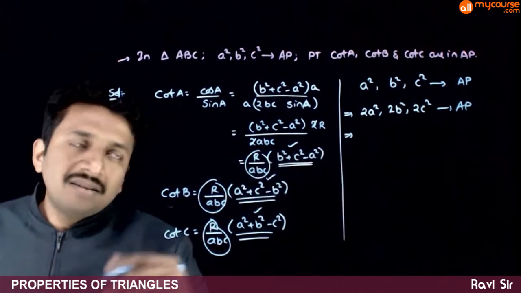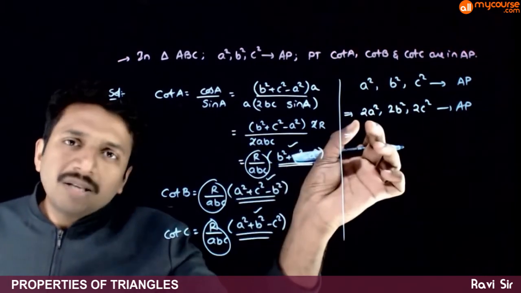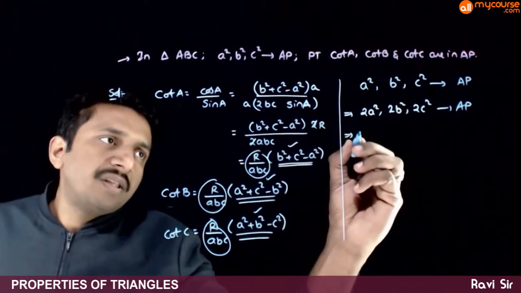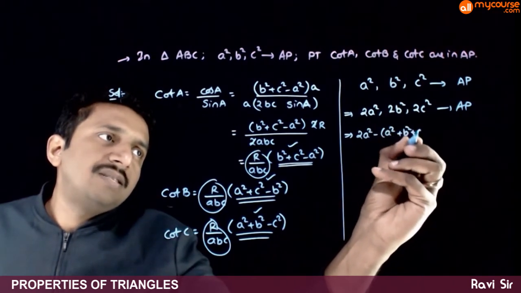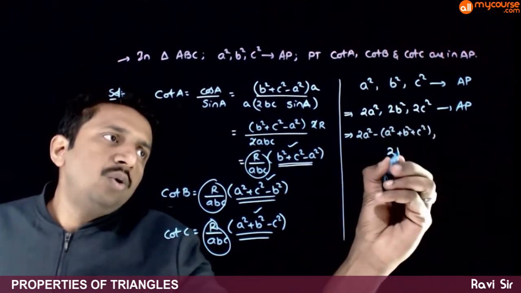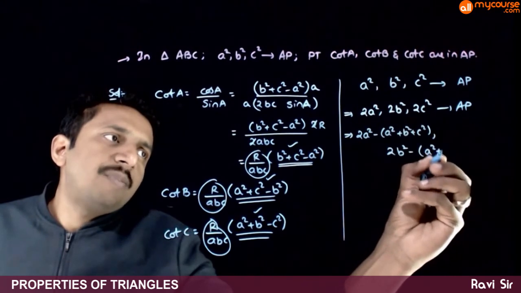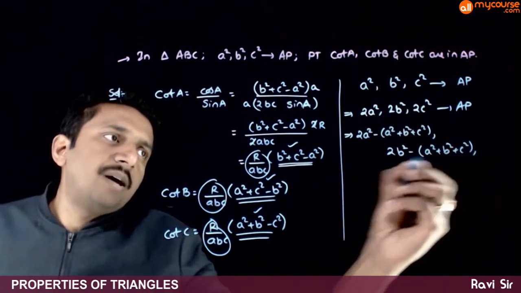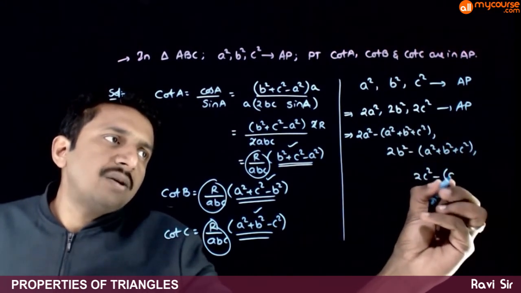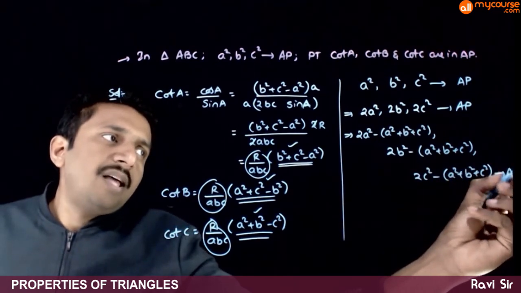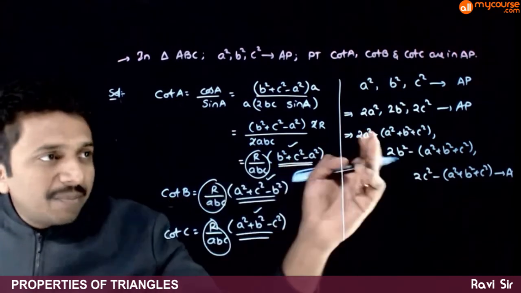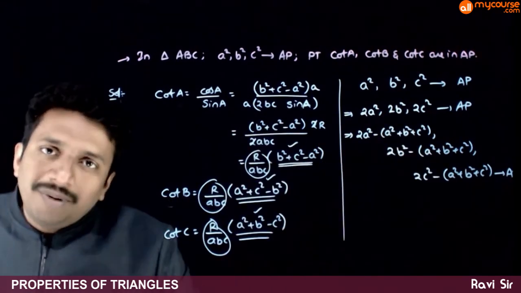Now I'll subtract a square plus b square plus c square from each of these terms. So 2a square minus (a square plus b square plus c square), comma 2b square minus (a square plus b square plus c square), comma 2c square minus (a square plus b square plus c square) are also in AP. I am subtracting a constant term uniformly.